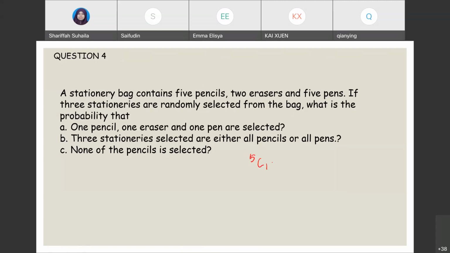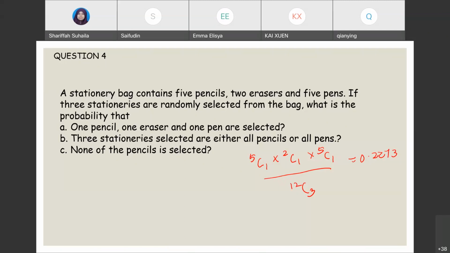So kita ada 5 choose 1, 2 choose 1, and also again lah, 5 choose 1, divide by 12 choose 3. Okay. So, apa dia? 0.2273 eh? Okay, 0.2273. Okay, so the next one, 3 stationery selected are either all pencil or all pen.